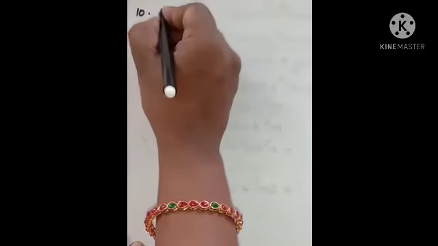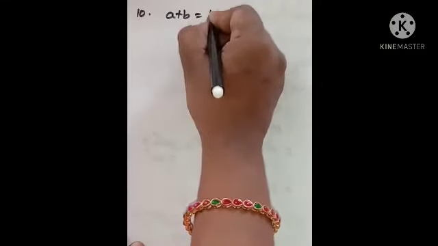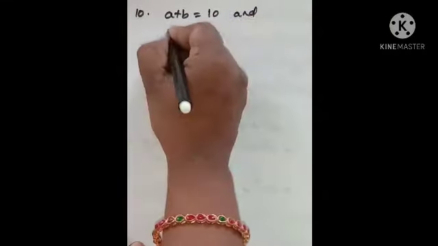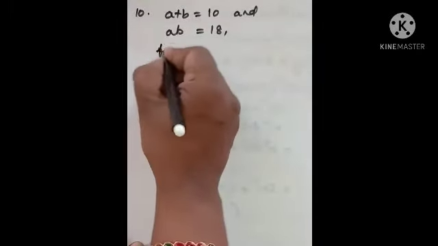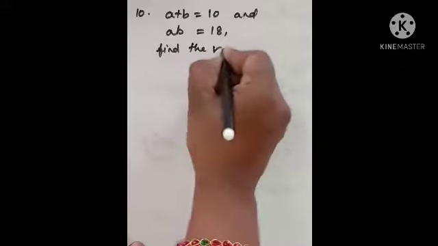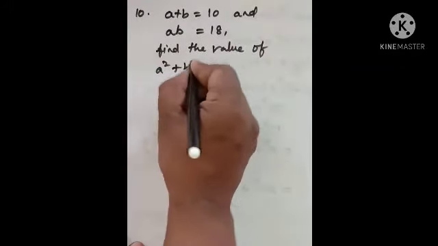And problem: if a plus b is equal to 10 and a into b is equal to 18, then find the value of a square plus b square.